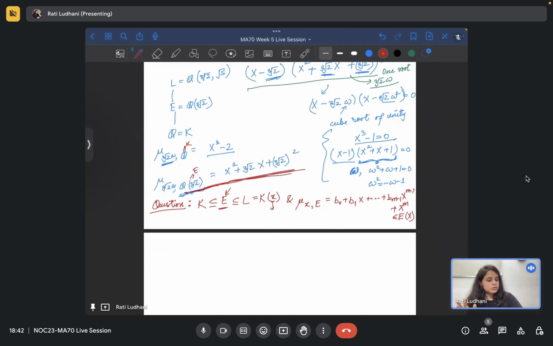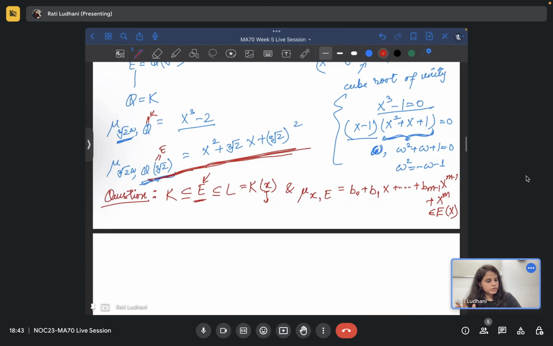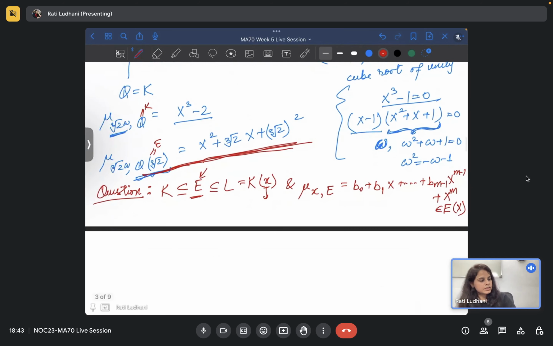So this says that if this is the case, then E will turn out to be exactly K attaching these b_i's.